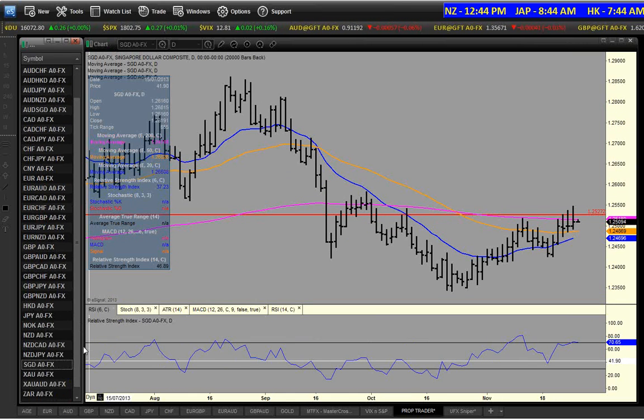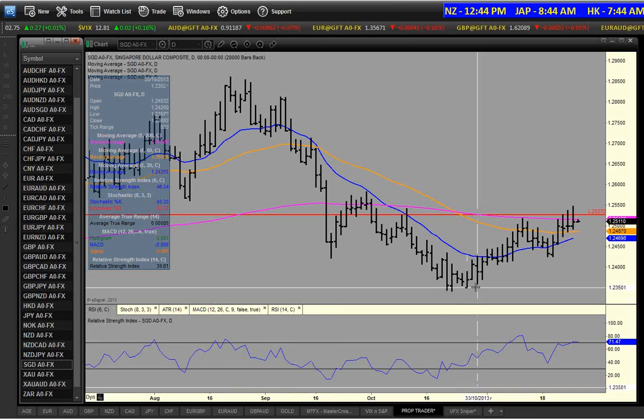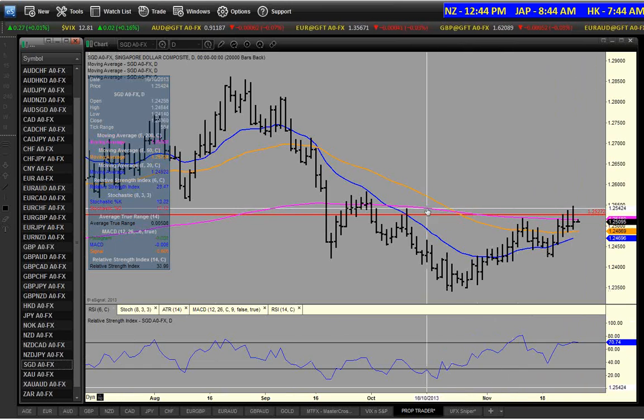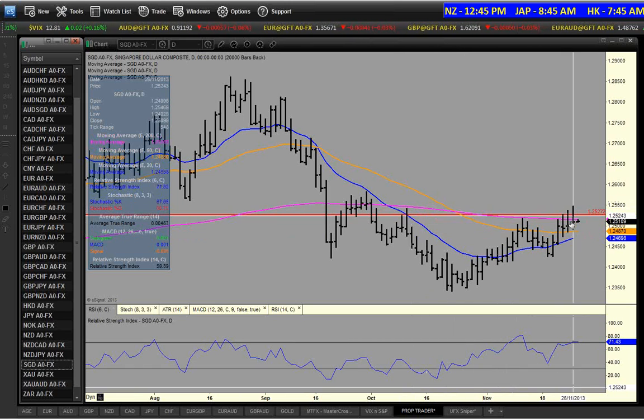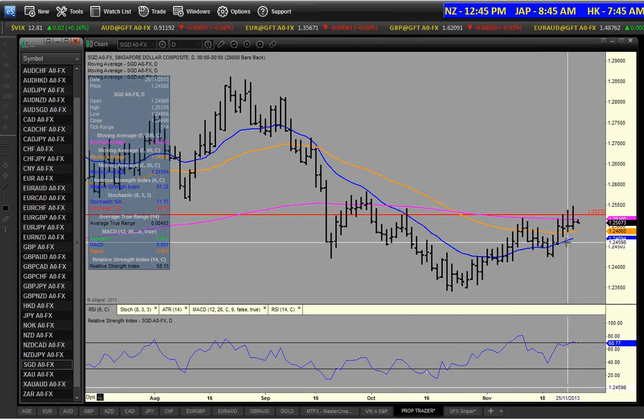Singapore dollar. Don't know about that one. Sit on the fence. There's a phase 2. It's up against resistance. Obviously a lot of sellers interest in here.